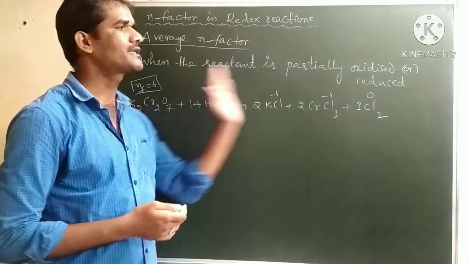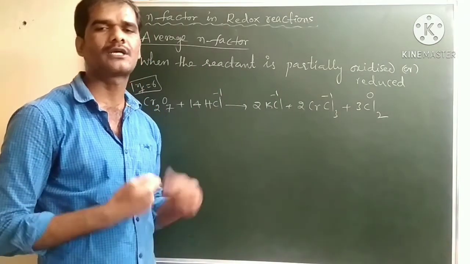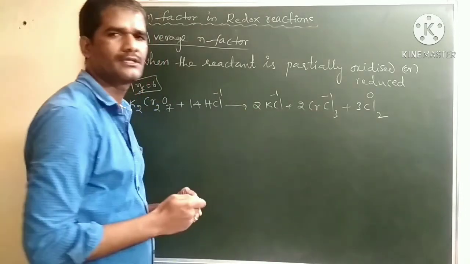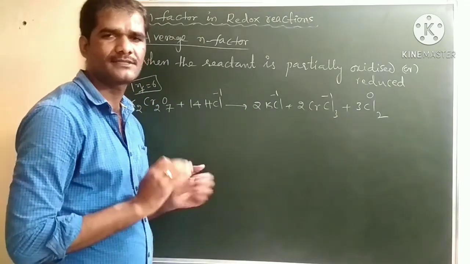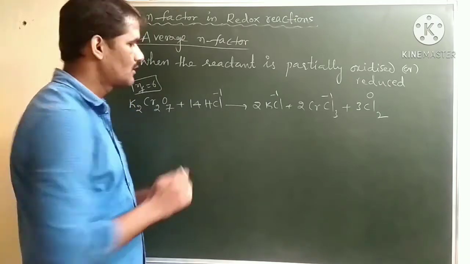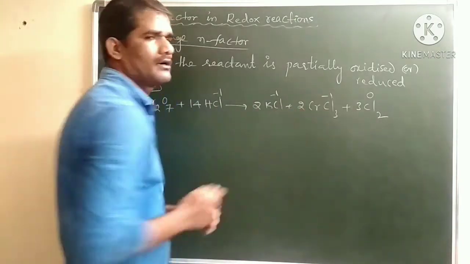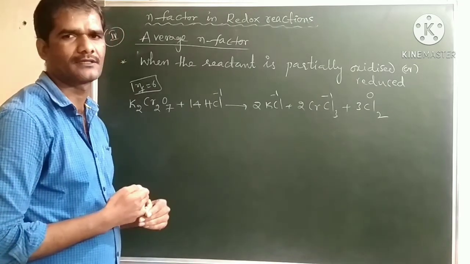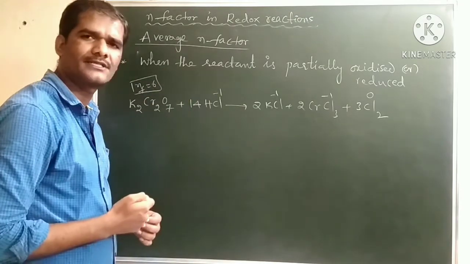That means it is partially undergoing oxidation, not complete. Out of 14, here 2, here 6, total 8 chlorides remain as they are. Only 6 chlorines are changing their oxidation state. Again in this case, how to calculate the N factor? Again the same concept, the average N factor.